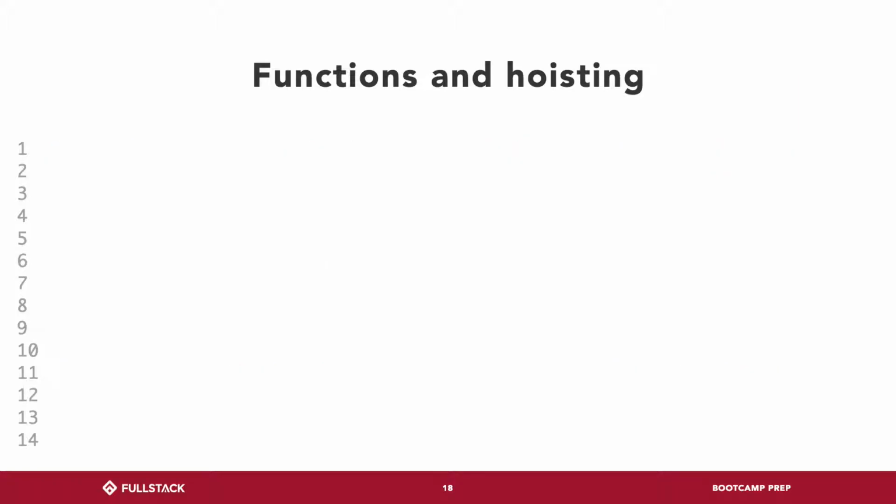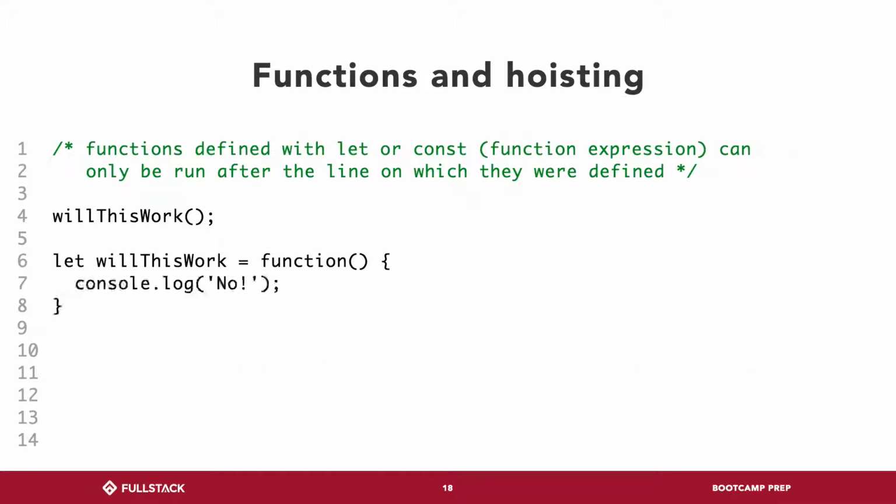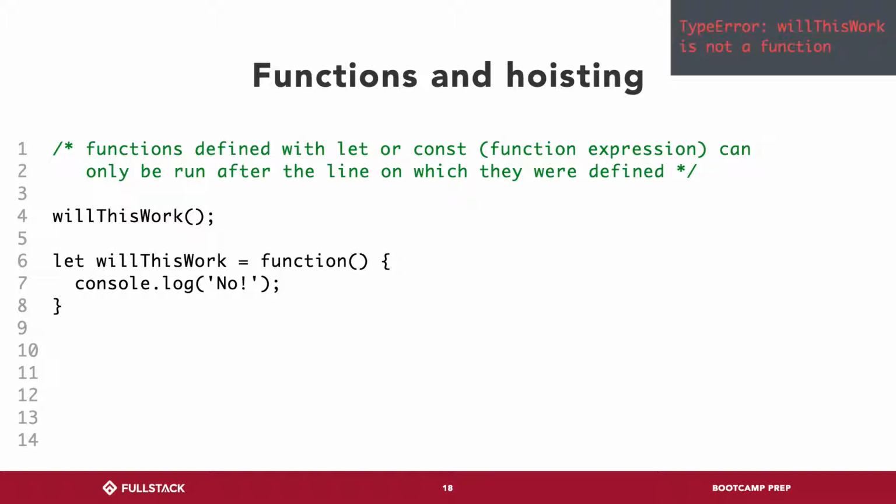So that will work. However, this will not work, because although this will be declared above, if we console logged willThisWork, it would just be undefined. It wouldn't give you an error, like it wasn't even declared, but it would just be undefined.